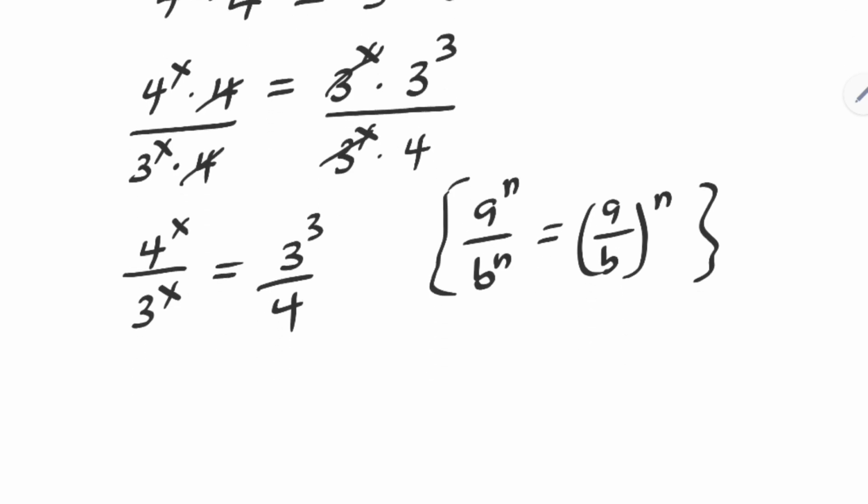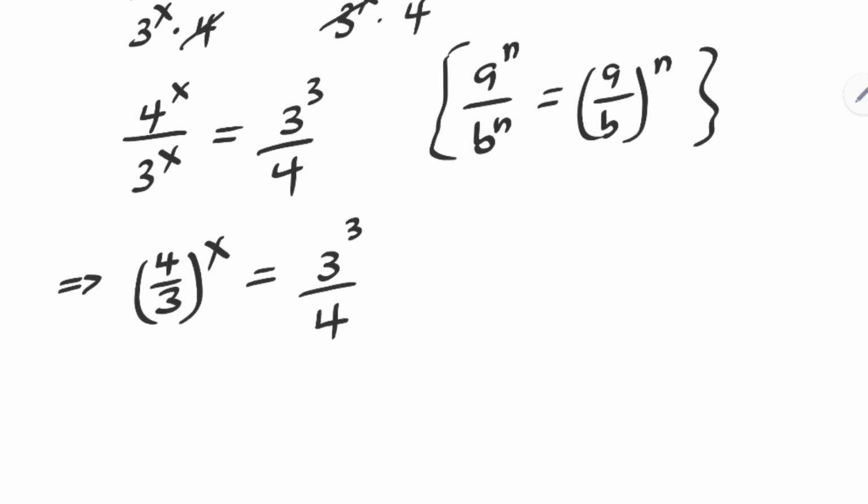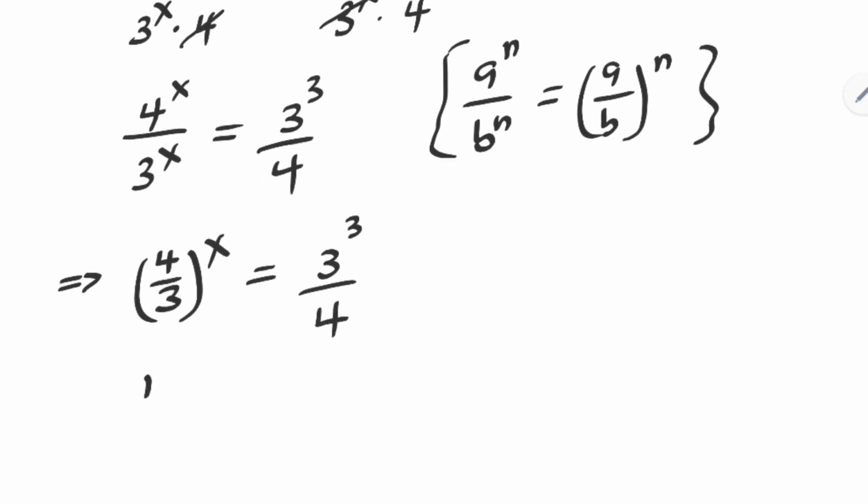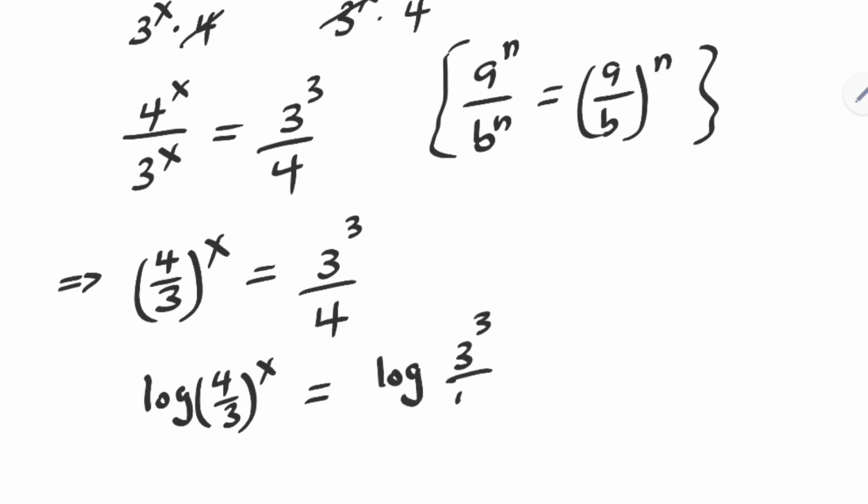Then this can be written as 4 over 3 to the power of x is equal to 3 raised to power 3 over 4. Let us take the log on both sides of this equation. We have log of 4 over 3 all to the power of x is equal to log of 3 raised to power 3 over 4.